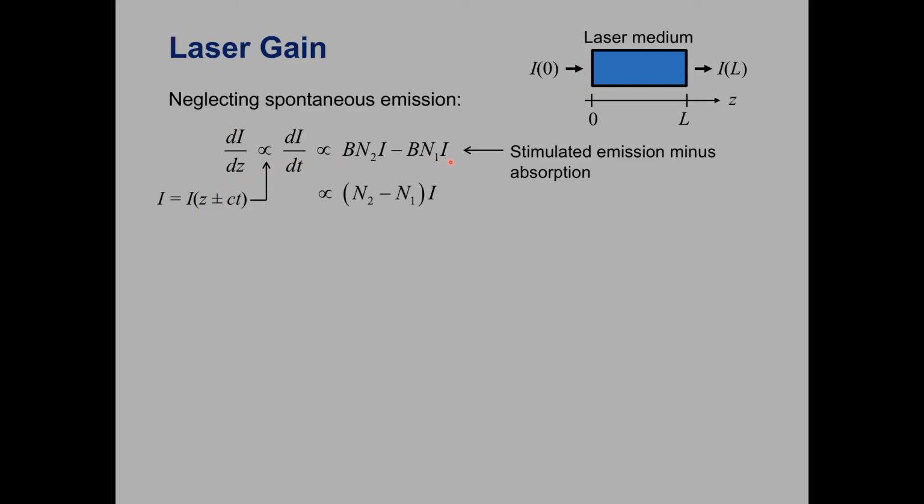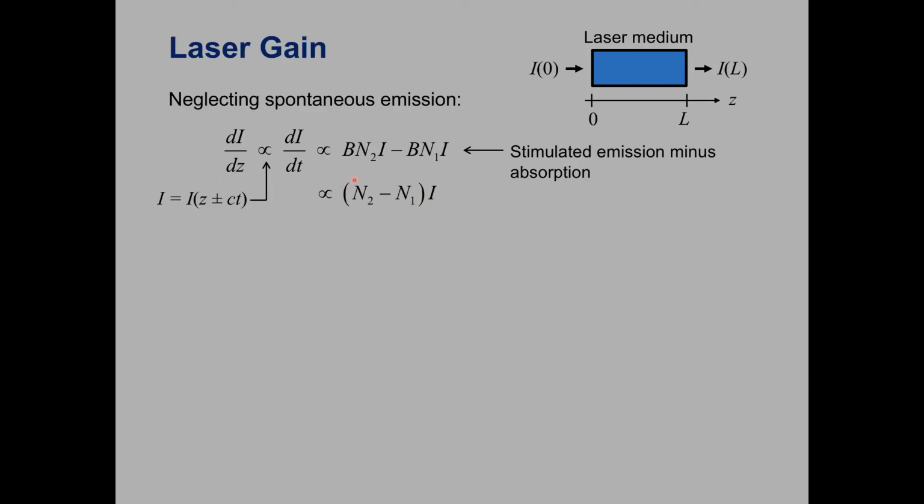The absorption here can be in part our loss. So you'll see the total constants are the same, and the initial intensity of the light is the same. So we can see that the rate of change of the intensity versus travel distance through the lasing medium is proportional to the difference in the populations of the two energy levels.